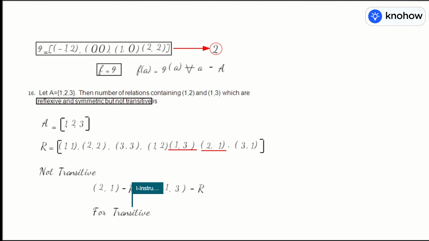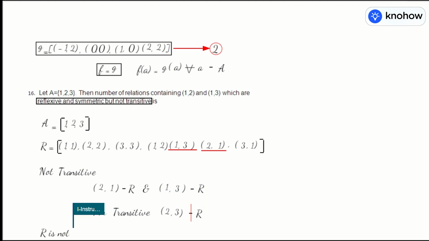So (2, 3) should belong to R. But we find that (2, 3) does not belong to R. So the relation written over there is not transitive.